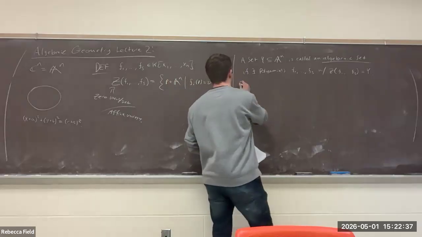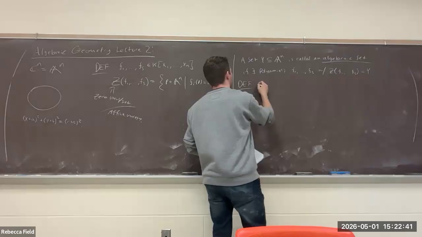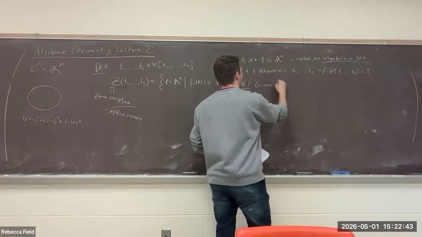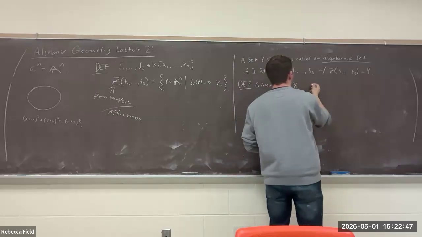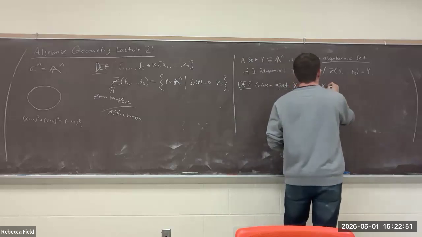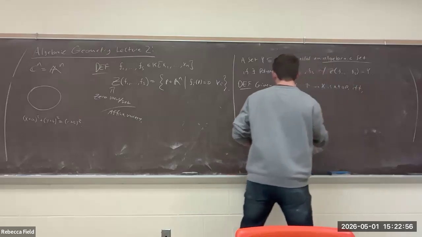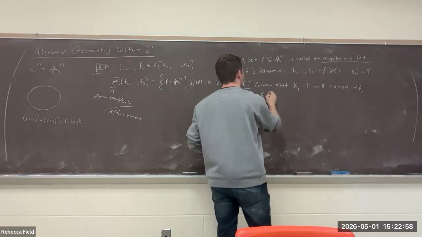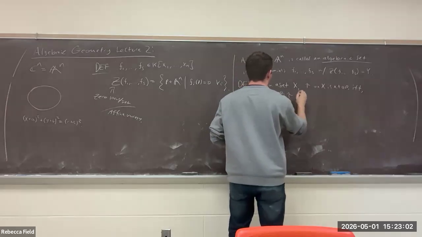Namely, given a set X, a topology tau on X is such that X and the empty set are both open in tau.